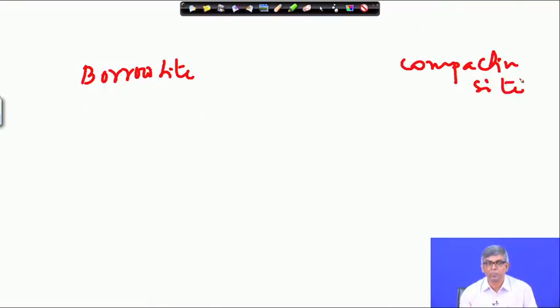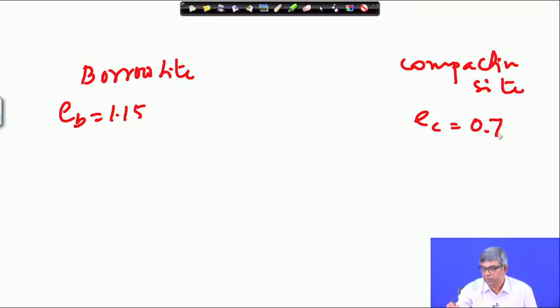I can divide in two parts, and here EB is given 1.15, and here EC is given 0.73, and additionally what I have got is the compacted volume, 100,000 meter cube.